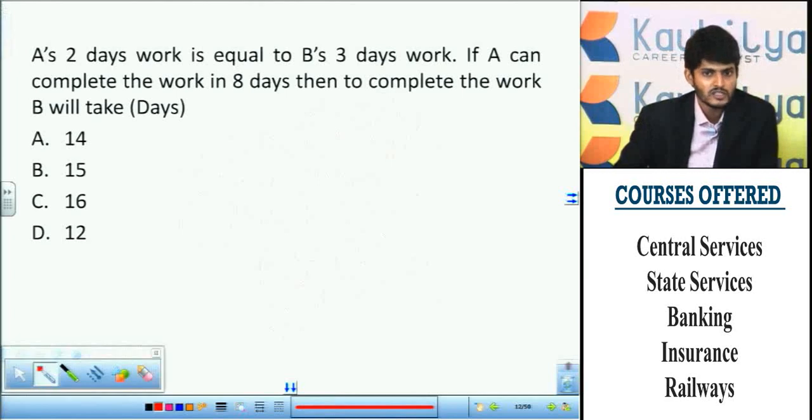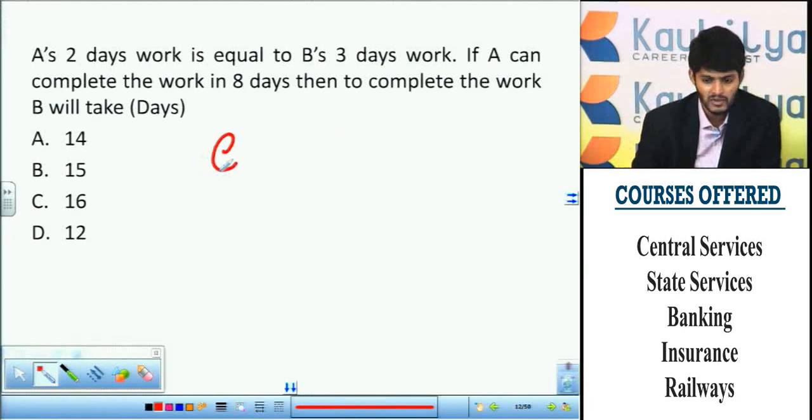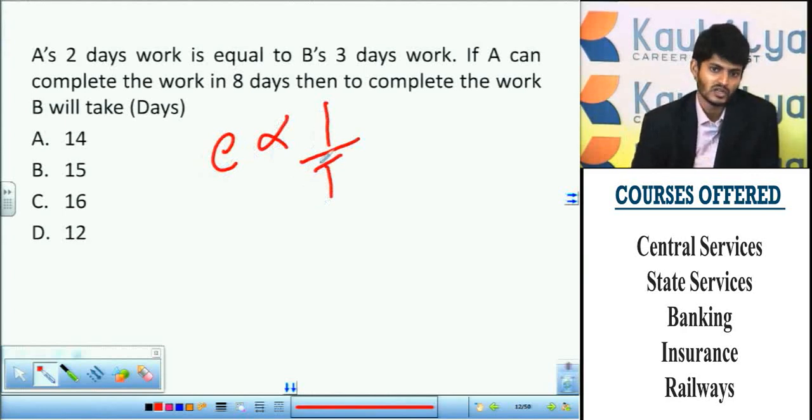Let us say a person is more efficient, he will take less time to complete the given task. If I give the same task to another person who is less efficient, he will take more time to complete the same task. So all I can conclude is that efficiency of any person is inversely proportional to the time that he takes to complete, assuming that the total work is constant in this case.